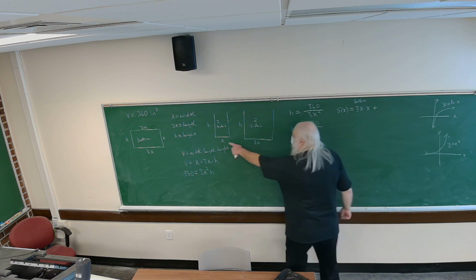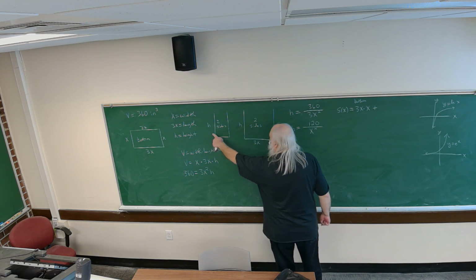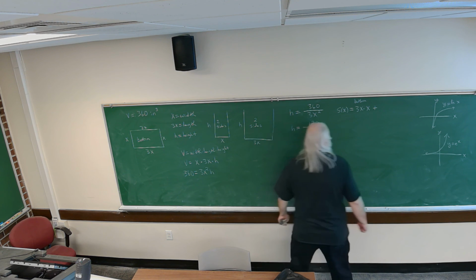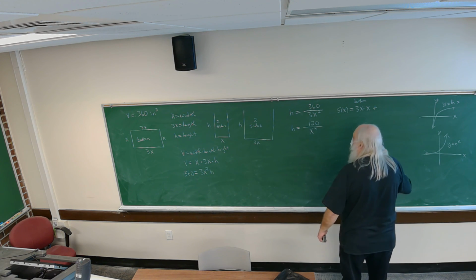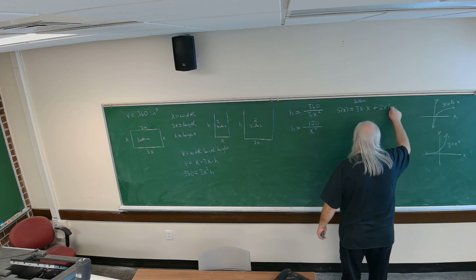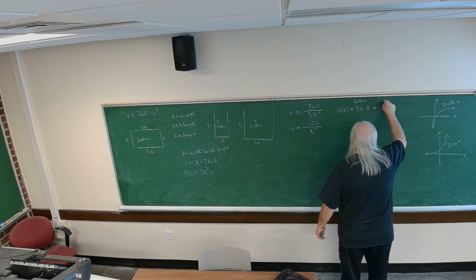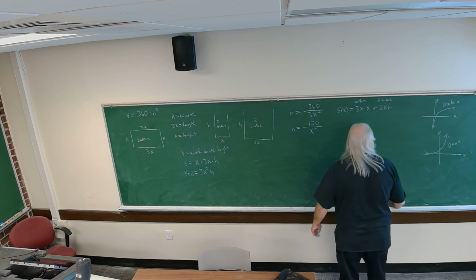The surface area for one of these sides is h times x, or x times h, however you want to do it. Do it x times h. But there are two of them. So this is the surface area for the two thin, narrow sides.